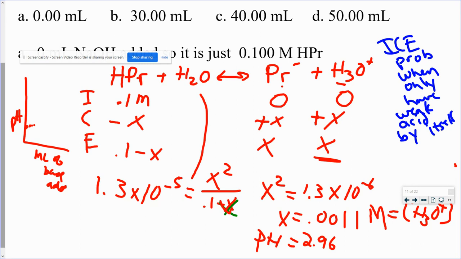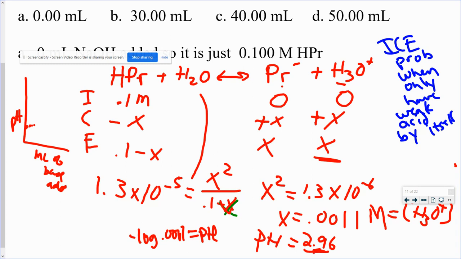So minus the log of 0.0011 gives us our pH, and that comes out to be 2.96. So that's another difference in the titration curve of a weak acid. We're going to start at a higher pH than if it was a strong acid. So the pH is almost 3 for this weak acid by itself.